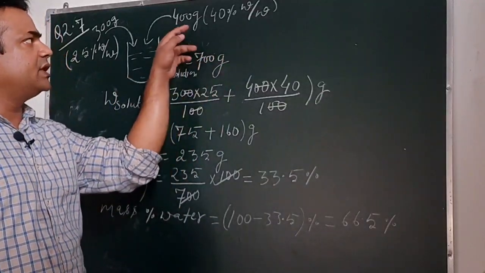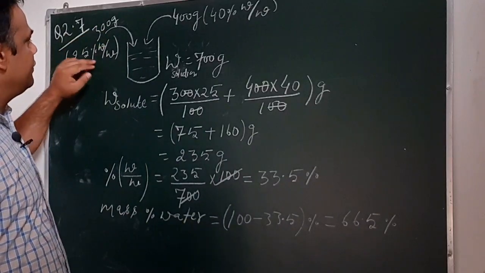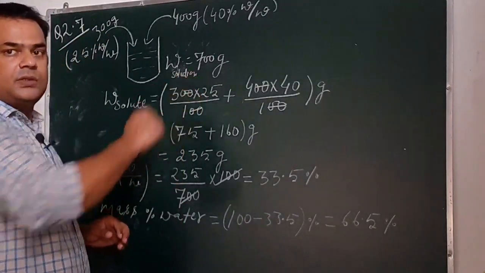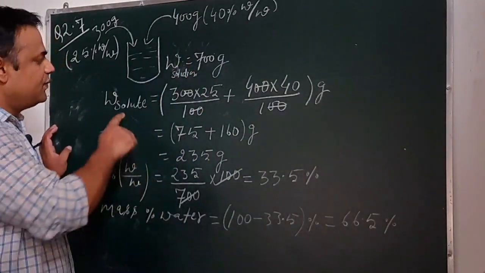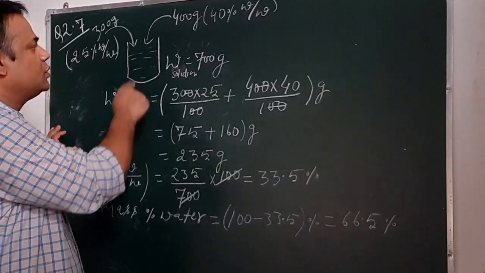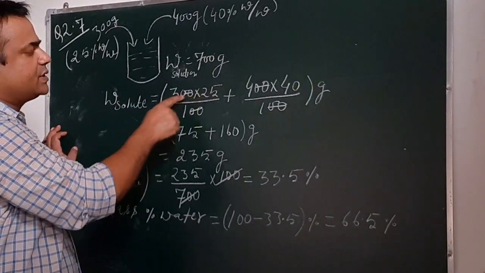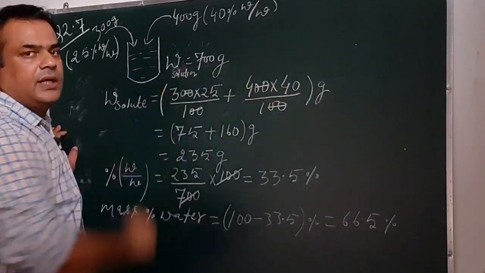The solution is prepared by mixing 400 gram of 40% mass by mass and 300 gram of 25% mass by mass. So first we will determine the total mass of solution. The total mass of solution is 700 gram. Now the total mass of solute present in this 700 gram solution will be 25% of 300 gram solution and 40% of 400 gram solution.